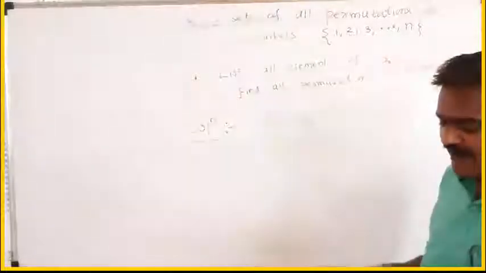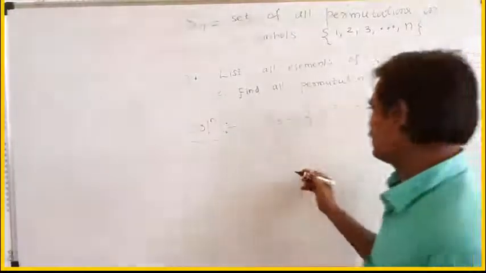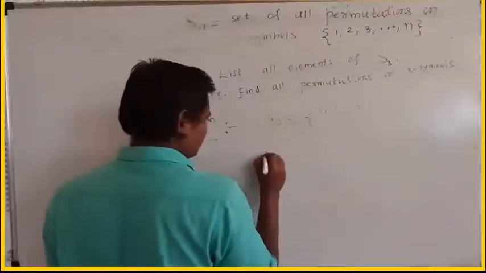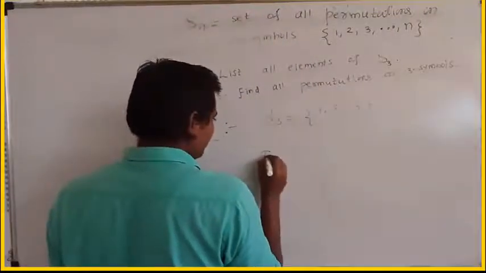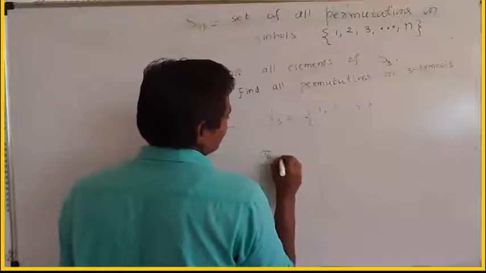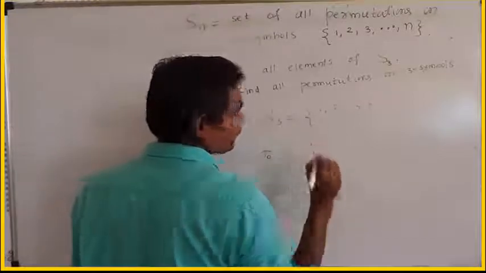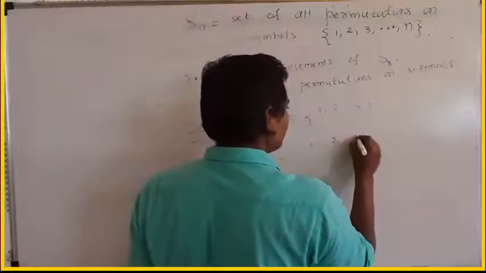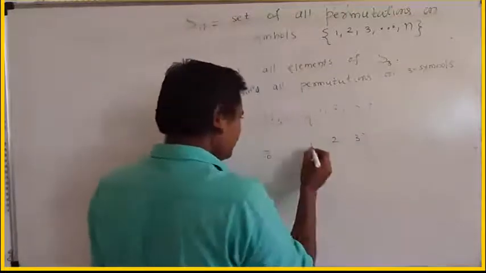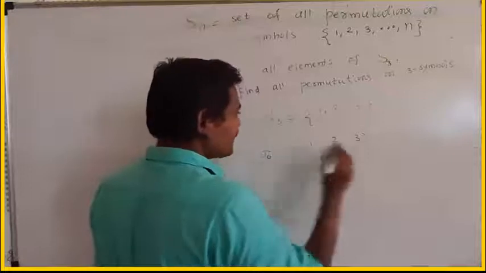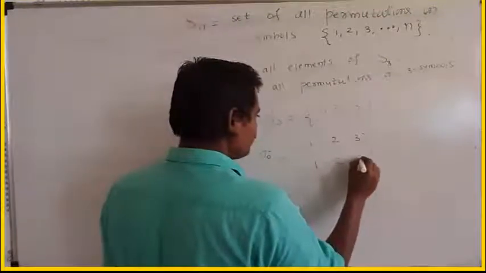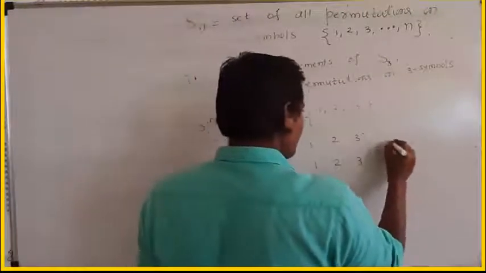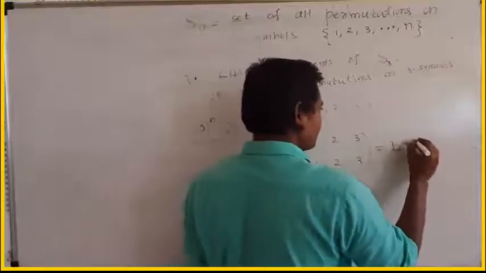First we take the identity permutation, sigma naught, where the image of each element is itself: 1 goes to 1, 2 goes to 2, 3 goes to 3.